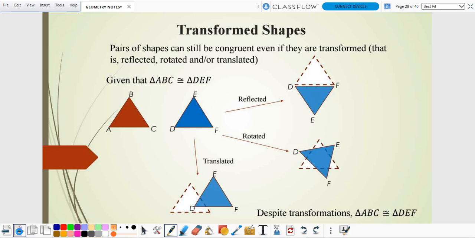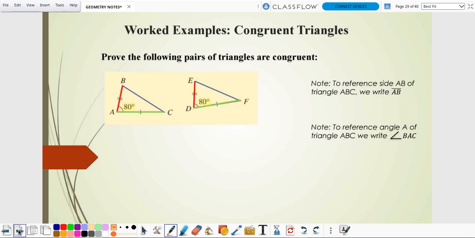It could be rotated, so they might turn the shape, or they might translate it, which just means they moved it. So just keep that in mind, even though the shape might not look exactly the same because they've rotated it, flipped it, or translated it, it doesn't mean that they're not congruent. You just need to properly look at the shape and understand what they've done to it. I'll do an example of that here.